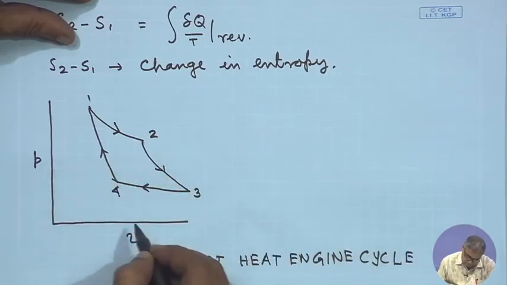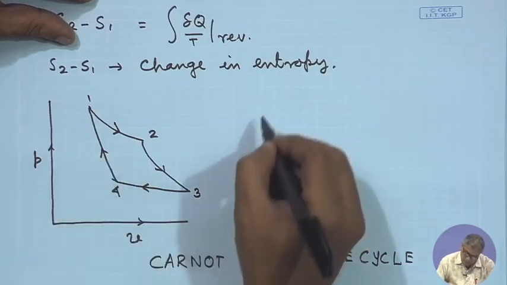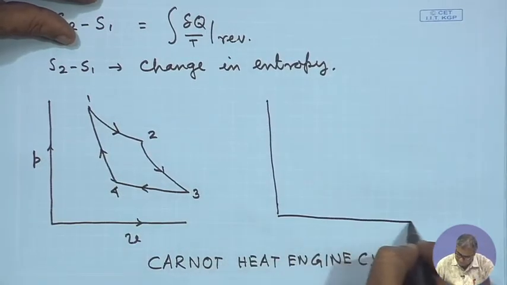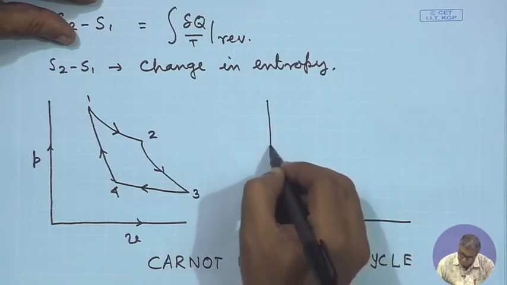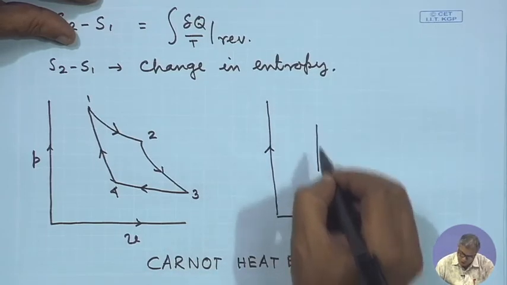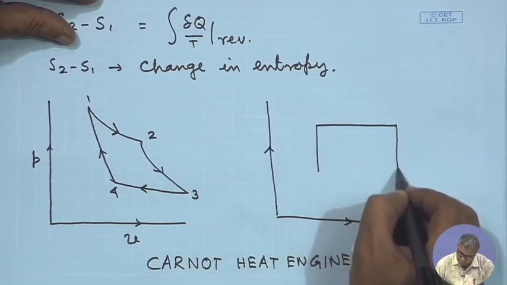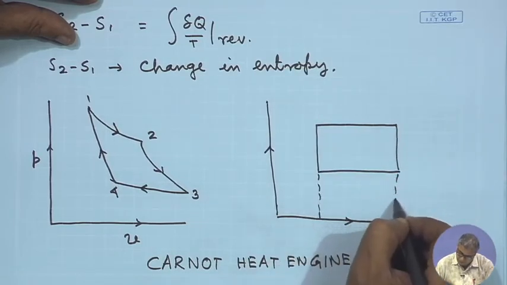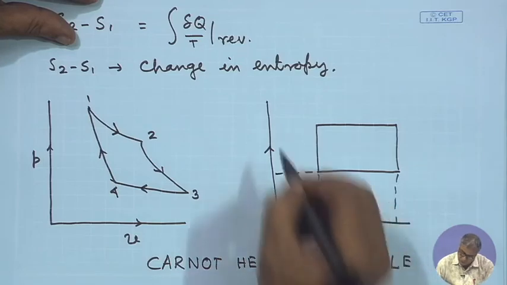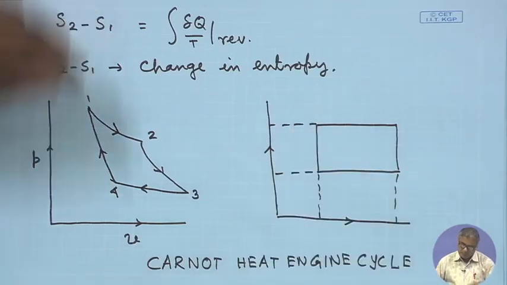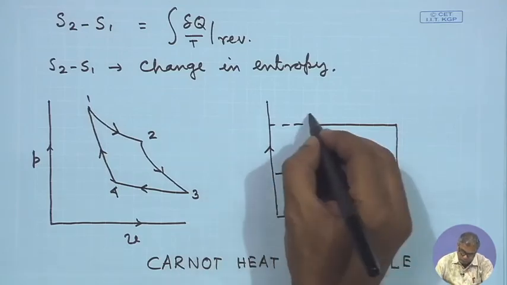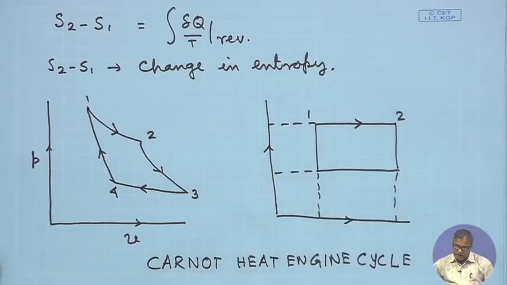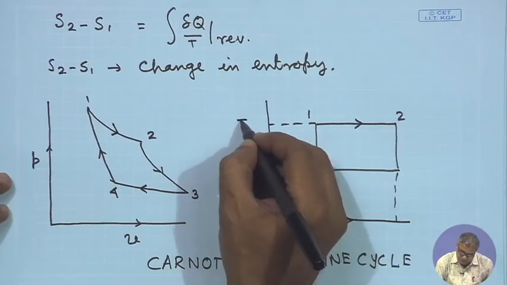Now, using entropy, we can draw the Carnot cycle like this. One, 2, that is the isothermal heat addition at a temperature T1.